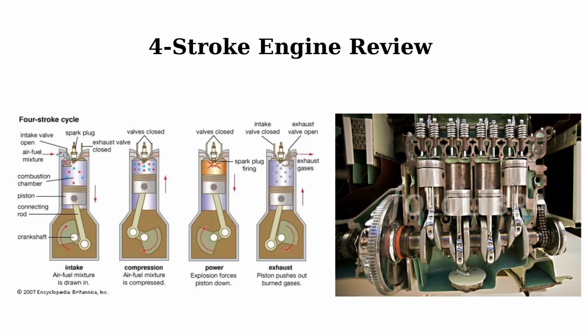Another important point is that four-stroke engines use valves and a camshaft to control timing. You can see valves in here. This makes the system more complex, but also more efficient and cleaner. Now we are ready to compare the two-stroke and four-stroke engines in detail.